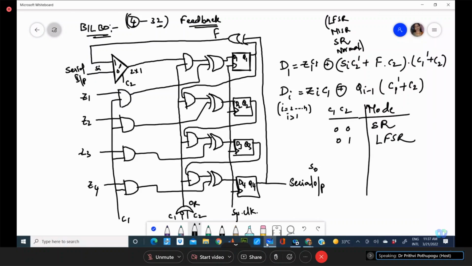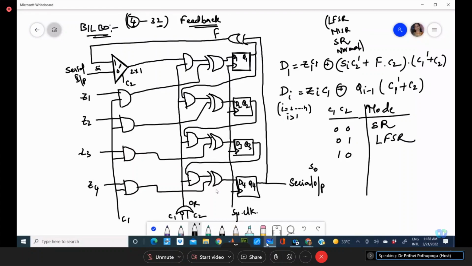If the control signals are 1, 0: C1 is 1 means now these Z values will be connected to your XOR inputs. And C2 is 0 means the external data, the external pattern along with the system response, will be given to the XOR operator.